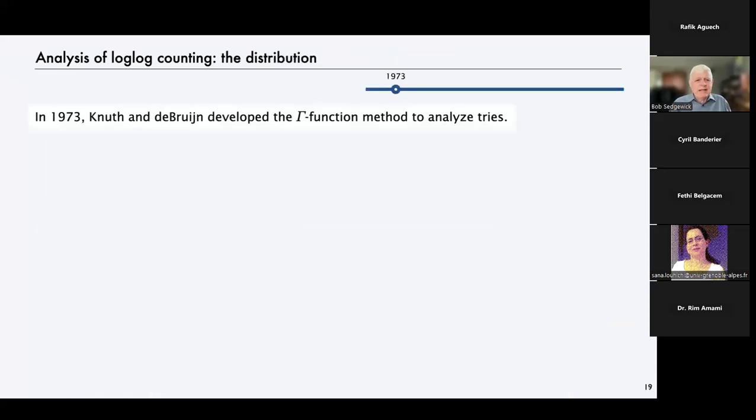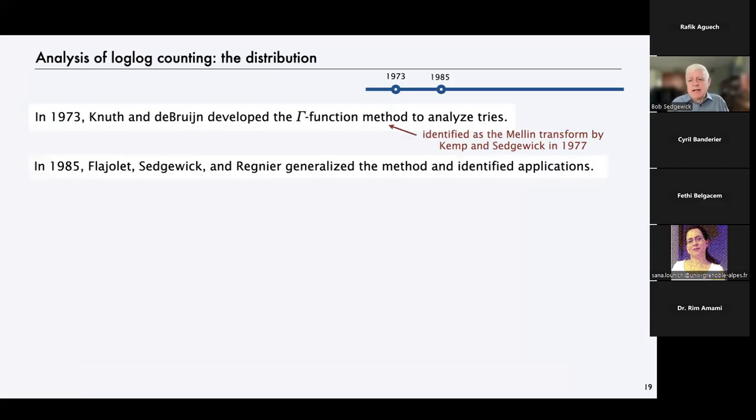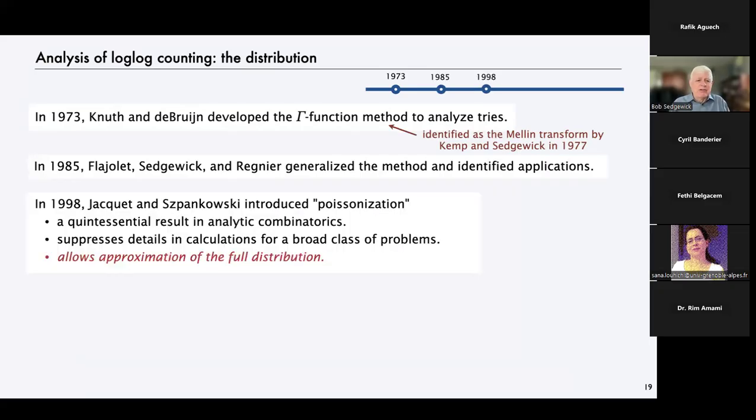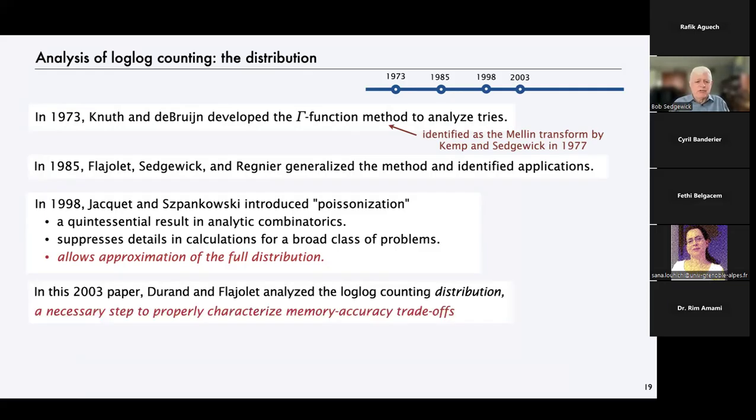Okay, so what we really need is not just the average value, we need the distribution. And so this method was developed in 1973 by Knuth and De Bruijn. But later on, we found that the method generalized and we found lots of applications. And then Jacquet and Szpankowski introduced this idea of Poissonization that allows approximation of the full distribution.